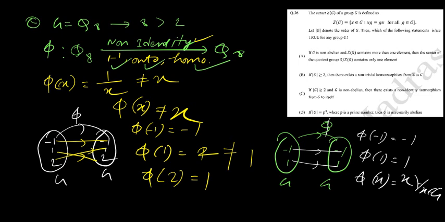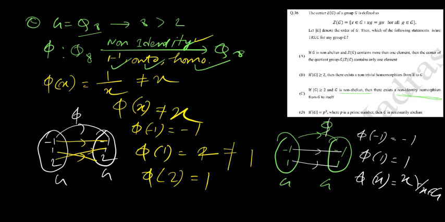And they say that if the order of G is greater than or equal to 2, the order of Q8 is greater than or equal to 2, G is non-abelian, Q8 is non-abelian, and there exists a non-identity isomorphism.